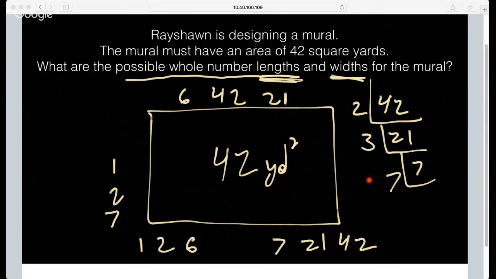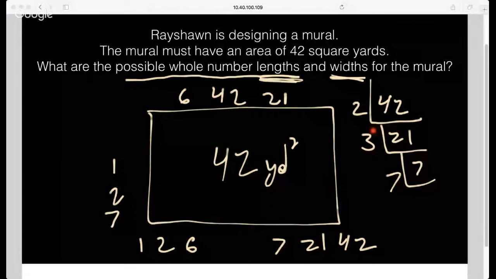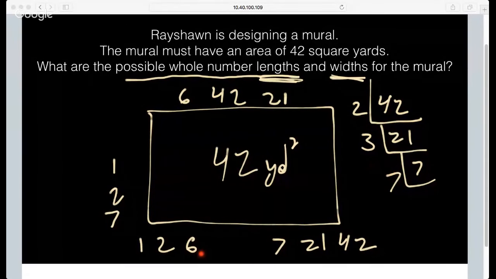So the prime factorization of 42 would be 2 times 3 times 7. So we know that we can multiply 2 times something, 3 times something, and 7 times something, and that's what we've done. So possible combinations could be 1 and 42, 2 and 21, and 7 and 6. All right. Possible whole number lengths and widths. We figured that out. Excellent.